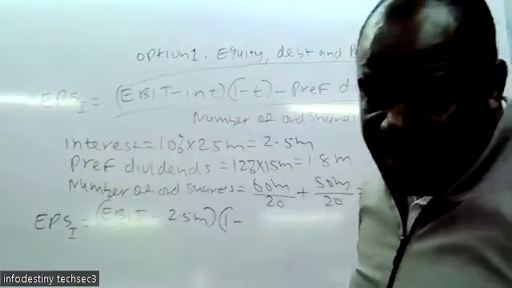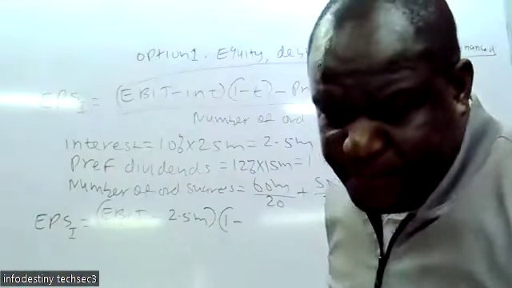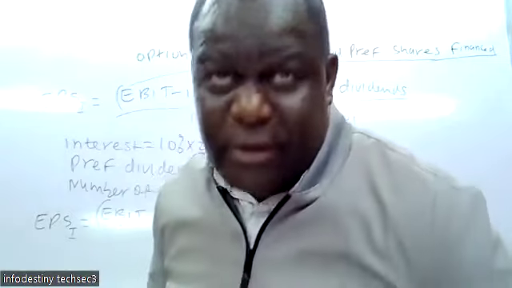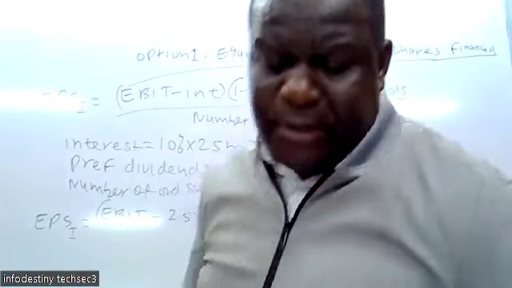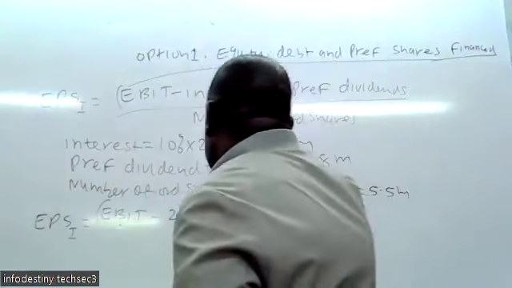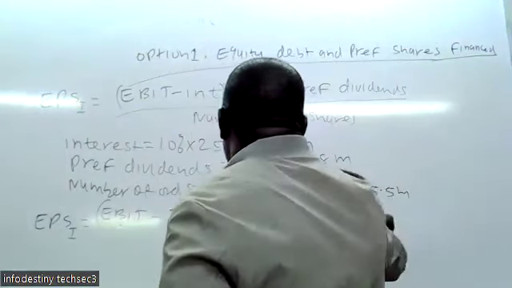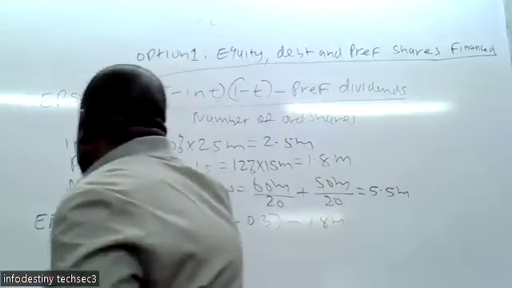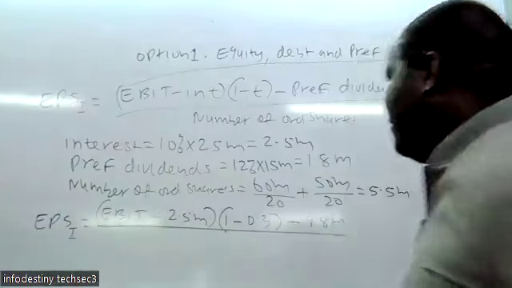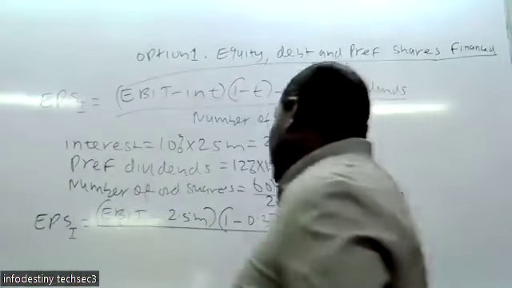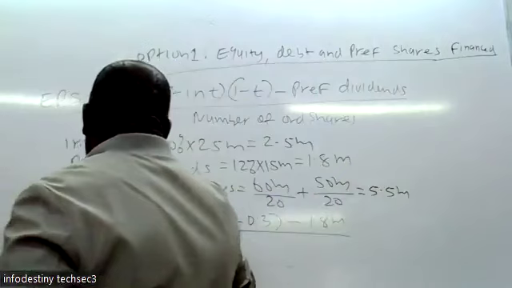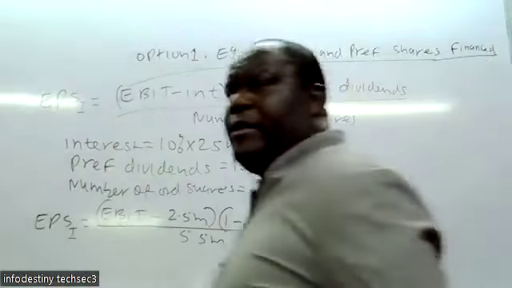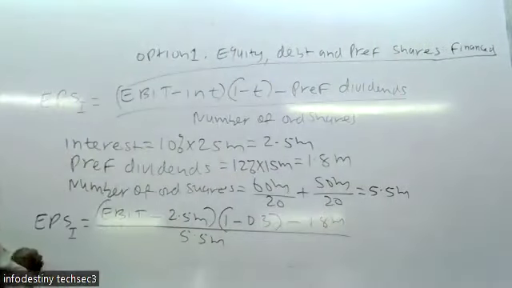Corporate tax was given as 30% in the question, which is the same as 0.3. Then we also minus the preference dividend, which is 1.8 million. Then you divide by the number of ordinary shares, which are 5.5 million.